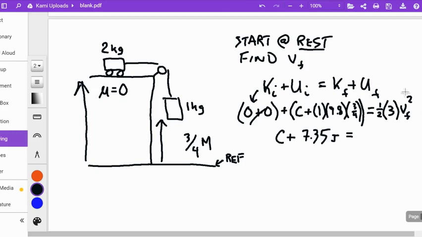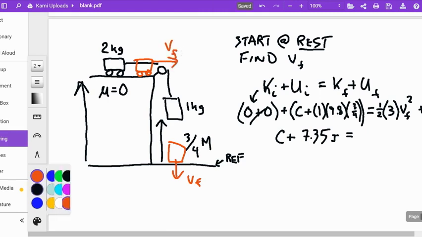For the final potential energy, I'm running out of space here, but we'll say plus, and I'm going to write underneath here, the 2 kg cart is still going to be up on the tabletop. Maybe I should sketch this. The 2 kg cart is here, and the 1 kg object is just about to hit the floor, like that.